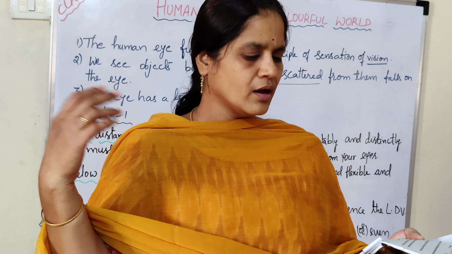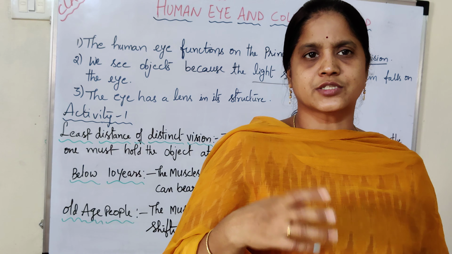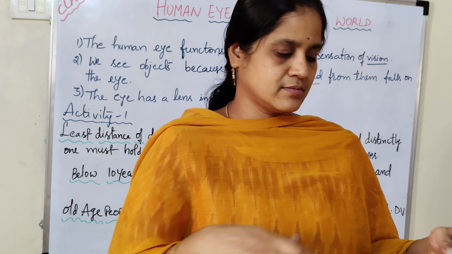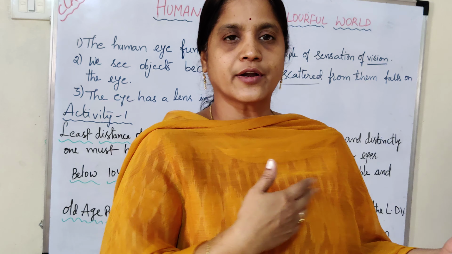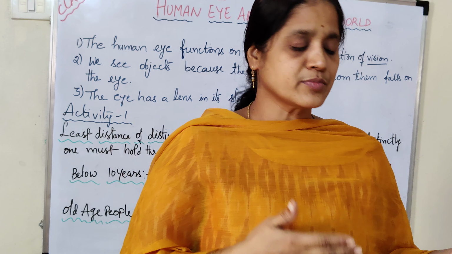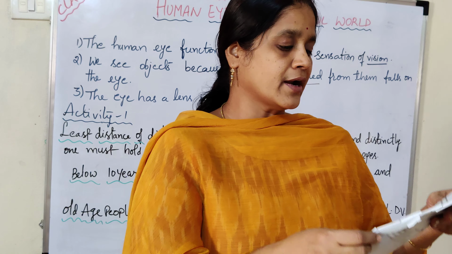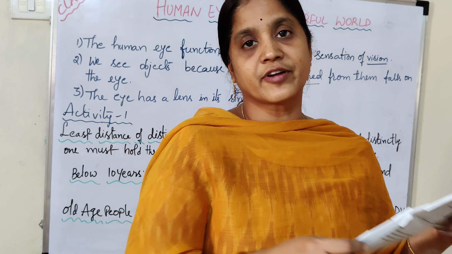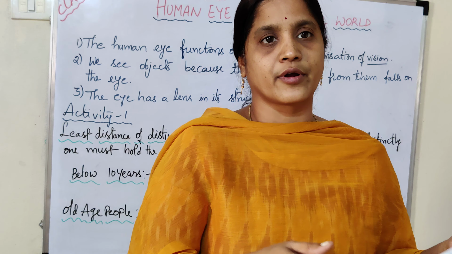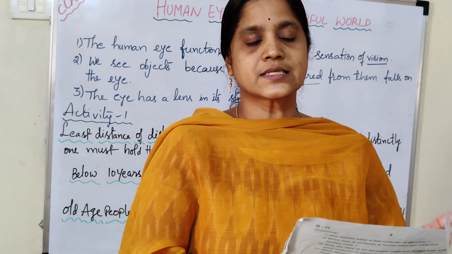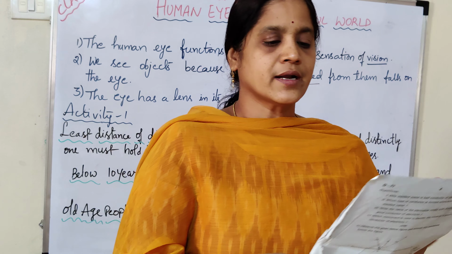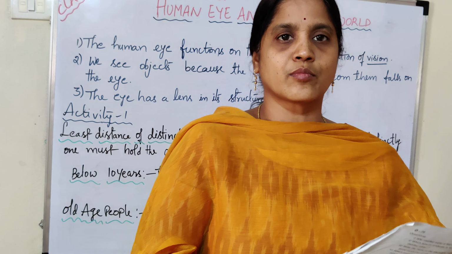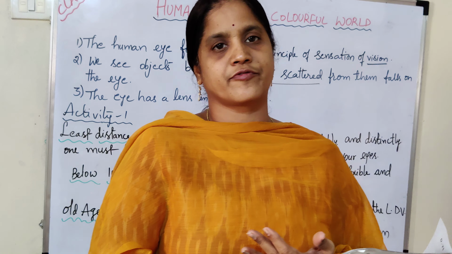Now call two, three or four friends and find out the least distance of distinct vision for each of them. For some persons you may get 25, for some more than 25 or less than 25.